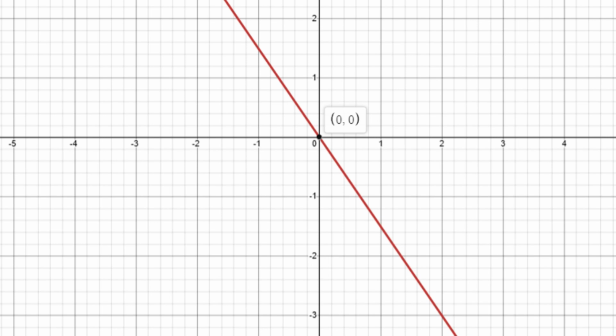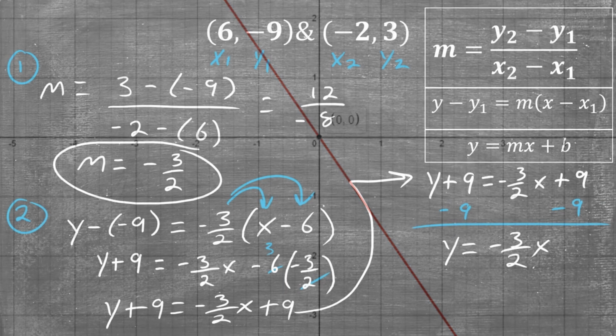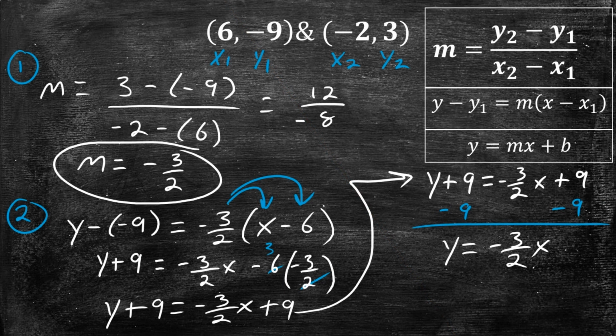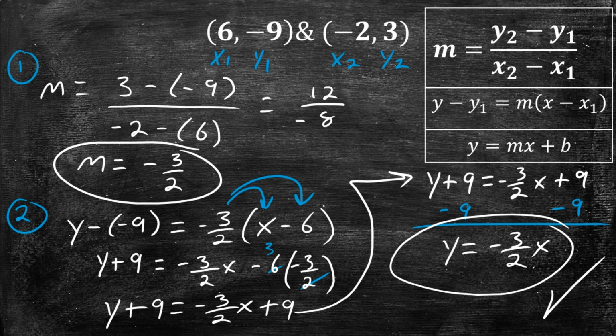And you can see that the x and the y intercept in this case is the origin. So it's 0, 0. That's why we don't see a plus b on our equation, just because that b is 0. So therefore, y equals negative 3 halves x is our equation, and this example is complete.